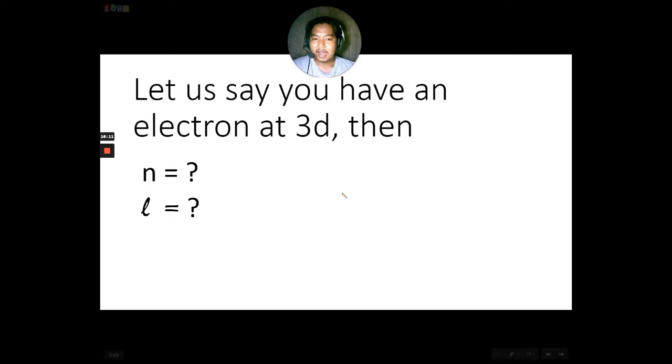So, how can we use this in practice, in a problem? Because maybe what I'm saying is useless, sir. As I started the discussion, I was telling you that the quantum numbers will tell us where the electron might possibly be.